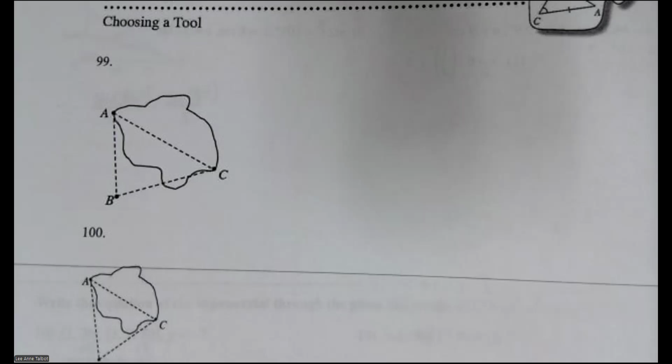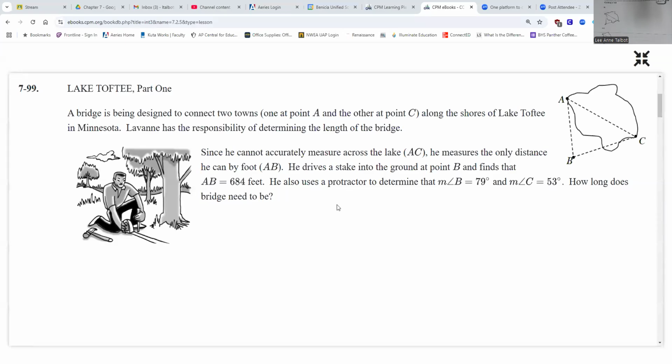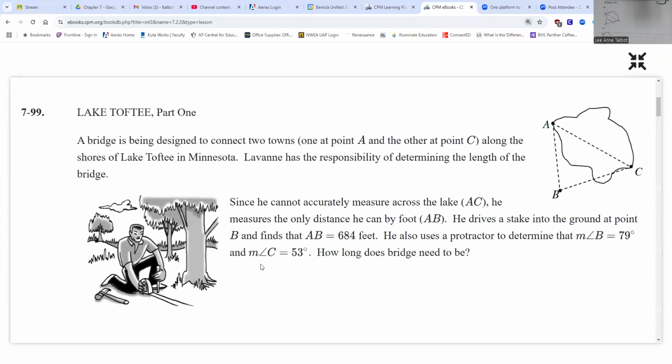Okay, so find this, and now I'm going to put up the actual problem. Here we go. Oh, they drew the art for you. A bridge is being designed to connect two towns, one at point A and the other at point C along the shores of Lake Tofty in Minnesota.